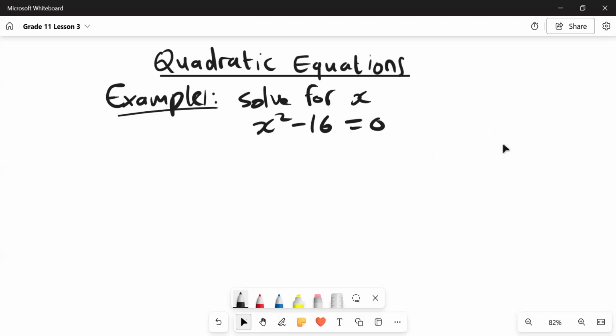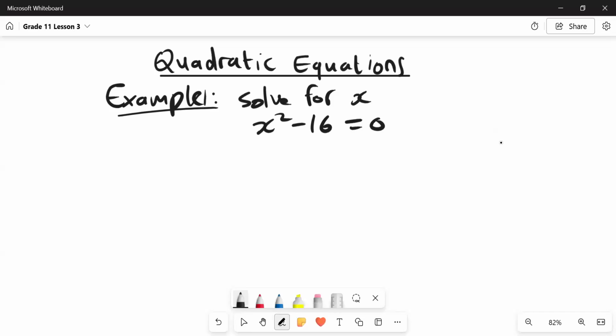Can you see now the difference of two squares? It comes back. So you have to be strong when it comes to the foundation of mathematics. So grade 10, 11, and 12, they go hand in hand. So you can't miss any grade. You must make sure that you understand everything so that you can master and get a distinction in maths, right?